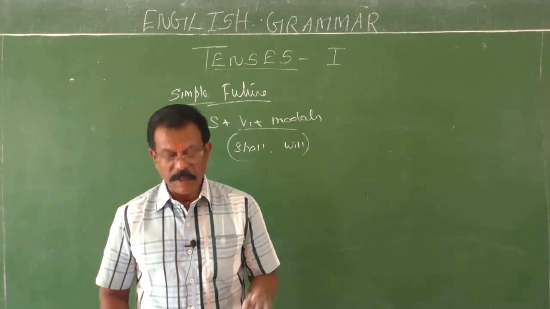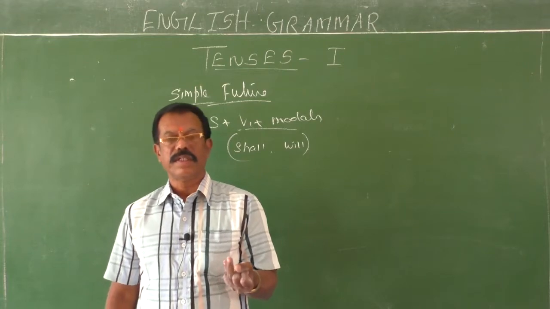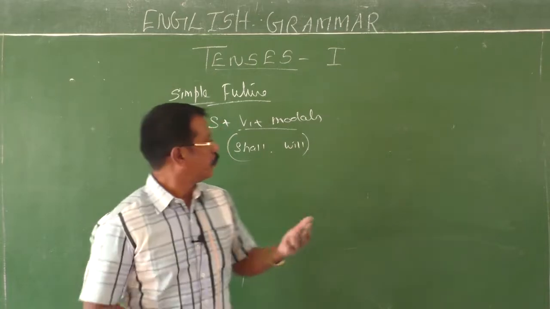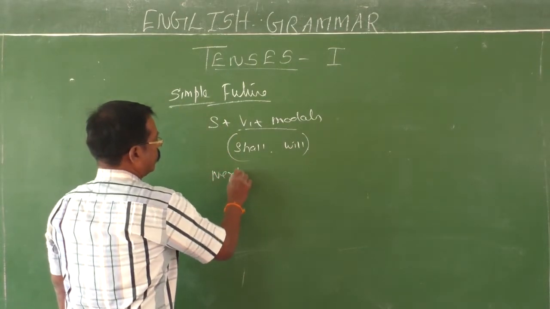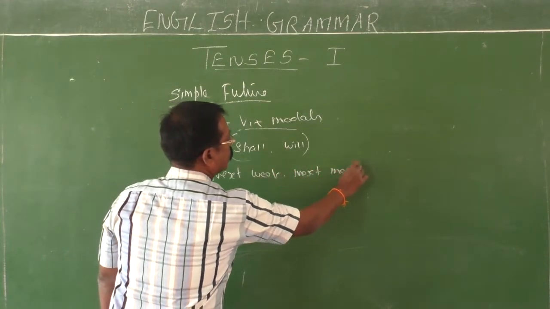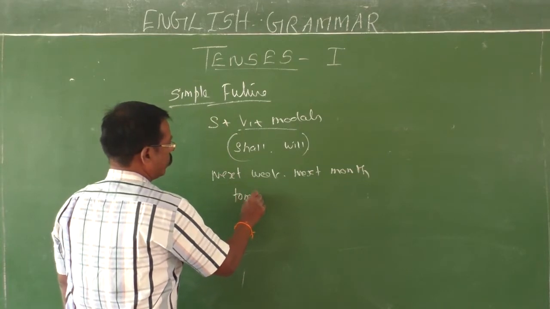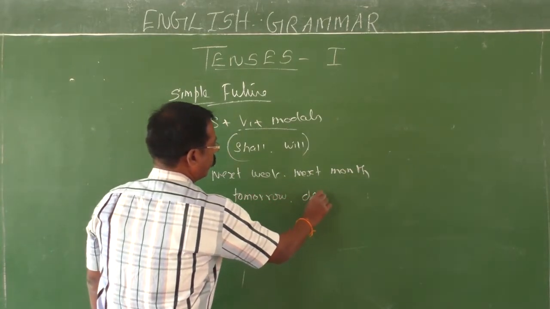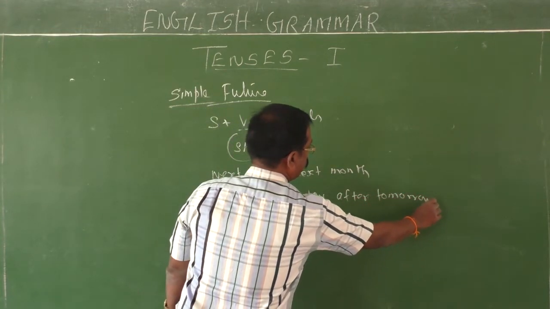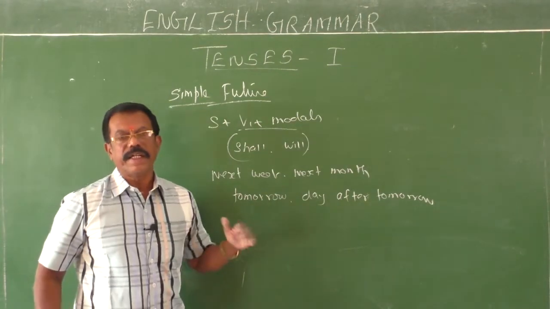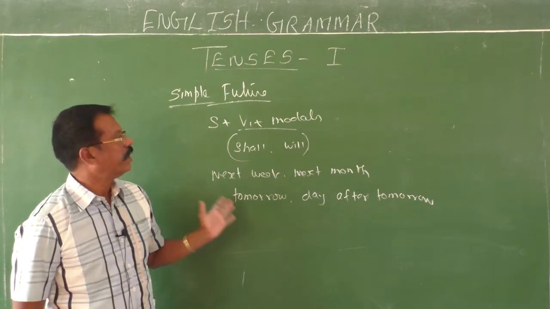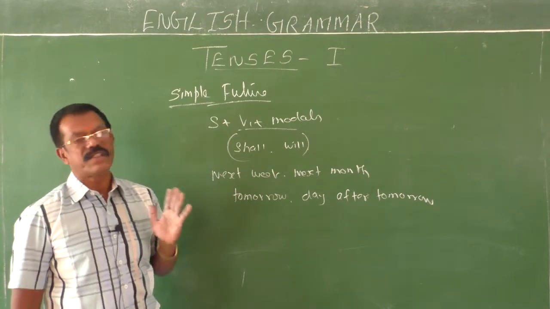Future tense: tomorrow, day after tomorrow, next month, next week, next year, in future, soon, like that. So we use tomorrow, next month, next week, next year, in future, soon. They are all the keywords associated with this future tense.